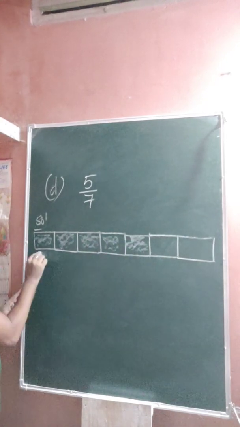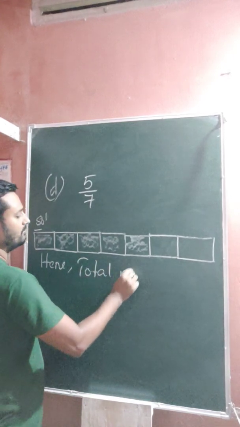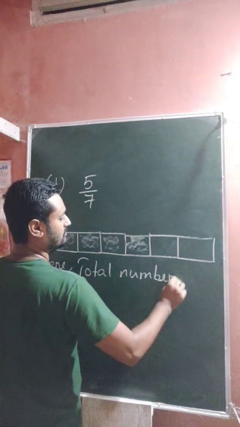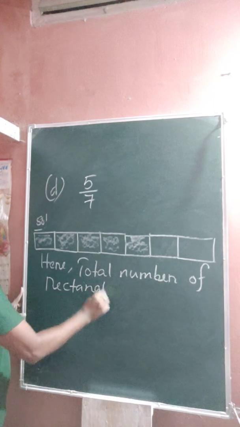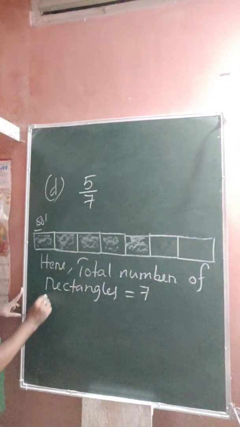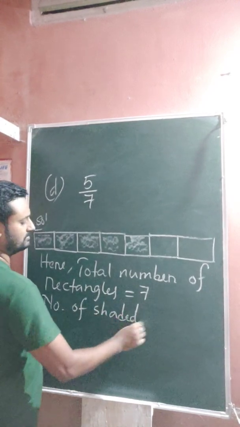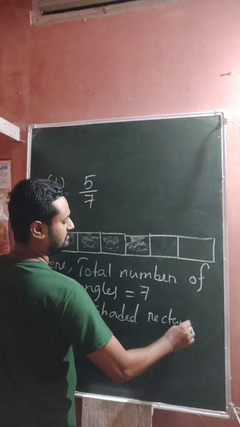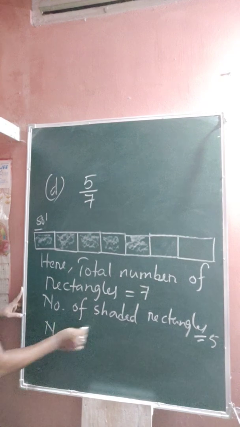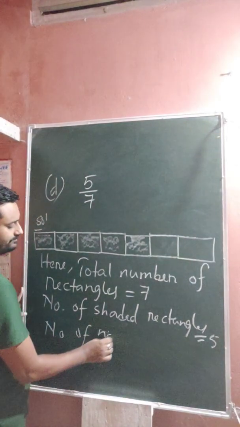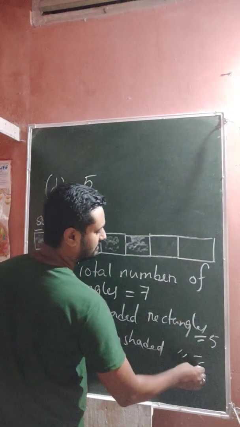Okay, so here the total number of rectangles is 7. Number of shaded rectangles, 5. Number of non-shaded rectangles, 2.